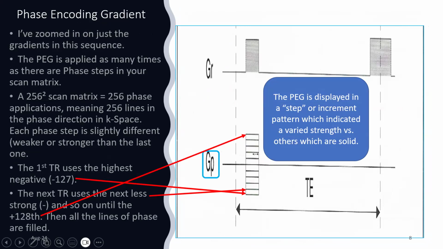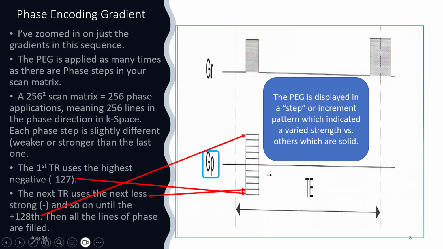You're going to have 256 different amplitudes of this phase encoding gradient. In regular spin echo, you're going to need 256 TRs. You're going to have 127 negative pulses. You're going to have 128 positive.